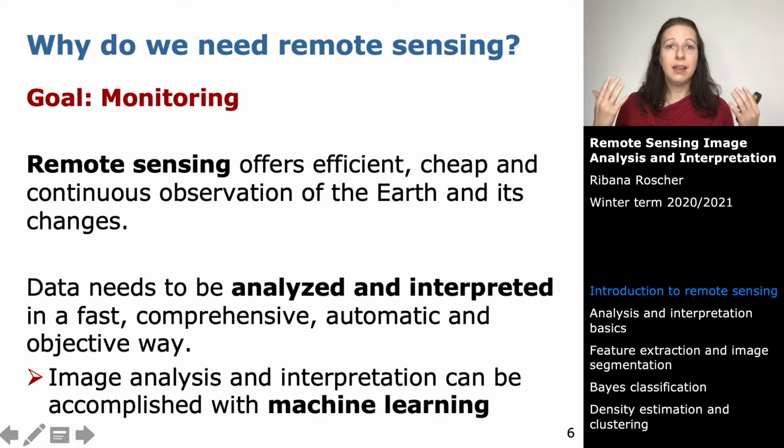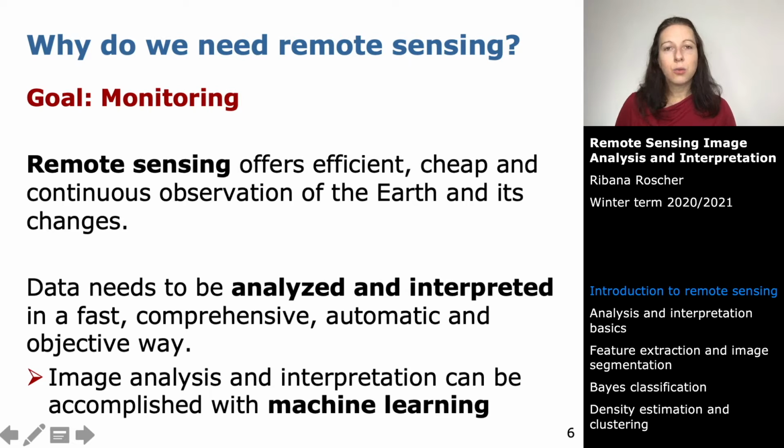So we have the possibility to monitor the Earth and its changes. But now we have all this data, and we need methods which can analyze and interpret it in a fast, comprehensive, automatic, and objective way. And for this, we can use machine learning.